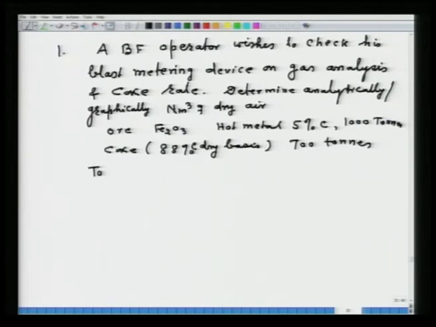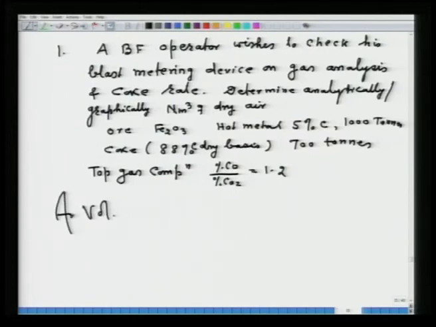Top gas composition: volume percent CO upon percent CO2 is given to you as 1.2. So, this is one particular problem you can try to calculate, and the answer will be 2.3 into 10 to the power 6 meter cube.